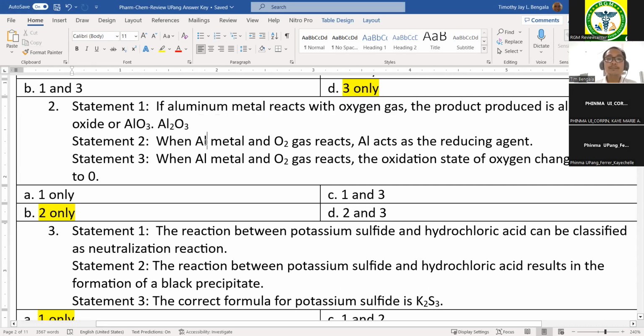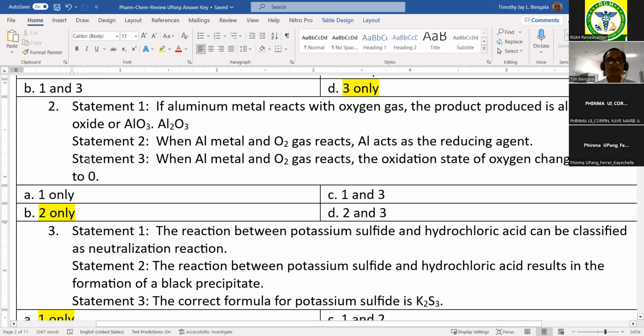Here, aluminum becomes a cation. From aluminum metal at 0, it becomes a cation, so it lost electrons. So you can go back to the LEO rule: lose electrons, oxidation. Aluminum metal undergoes oxidation, hence it is a reducing agent. Those are the possible ways to arrive at the answer.